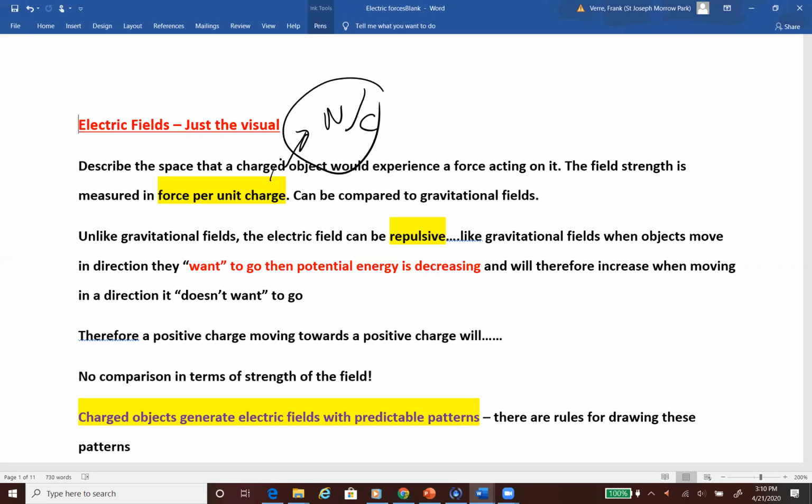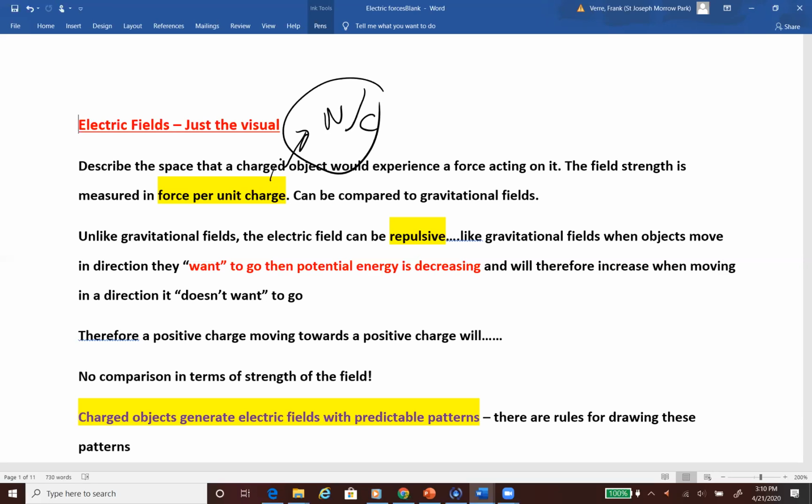I have no idea. But we often think of just gravity as something that's attractive, but an electric field can be repulsive. Because you learned way back in grade 9 that two objects that have the same charge are going to repel each other, right? So there's a huge difference there between gravitational fields and electric fields. Electric fields can be repulsive. Gravitational fields are always attractive, okay? But it's nice to be able to compare the two.